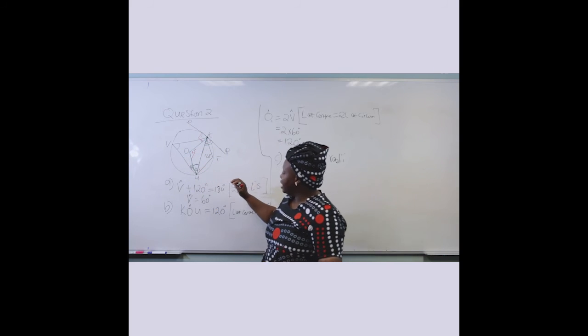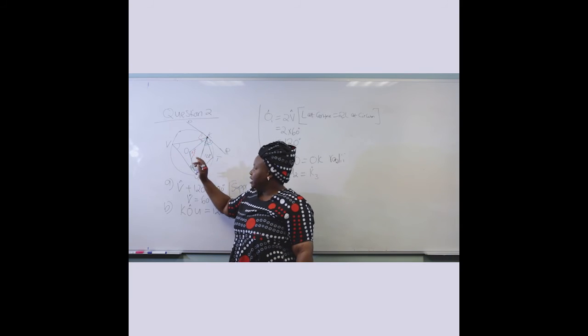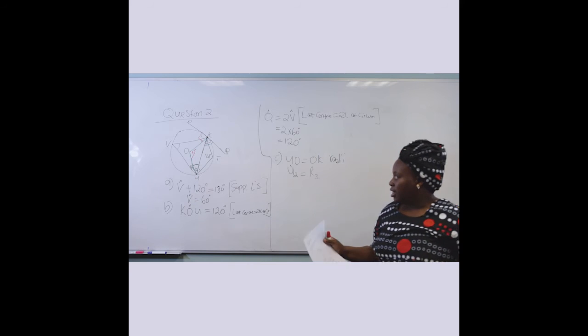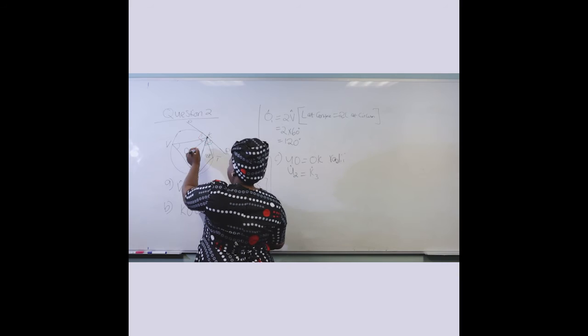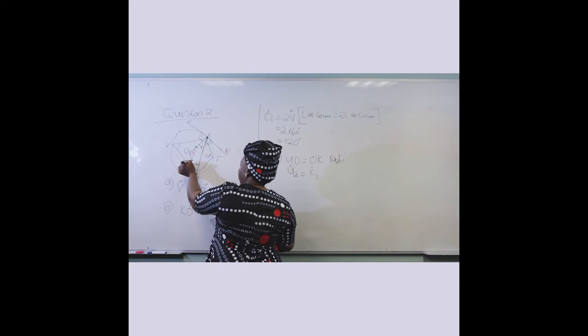So in reasoning, you will say these angles are equal because opposite sides equal opposite angles. And that's how we reason it. So that one will be equals to this other one, they are equal just because this line is equal to this line.